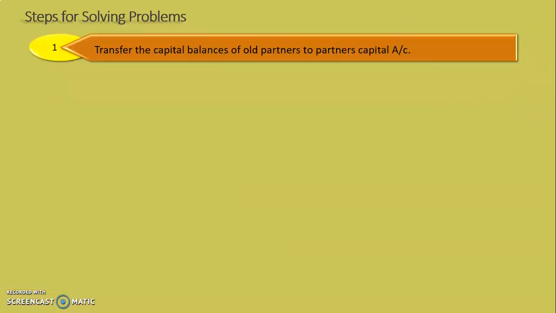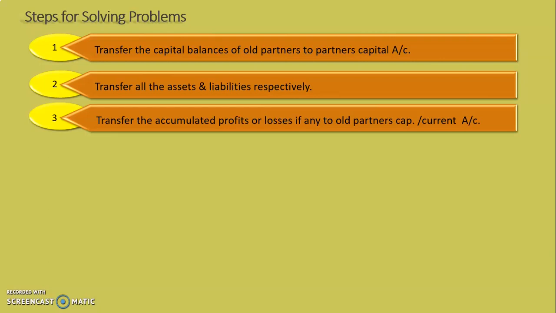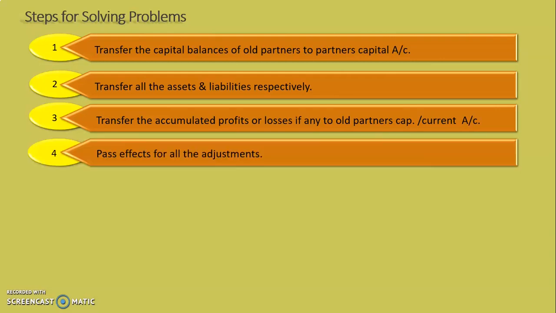First, we have to transfer the capital balances of all partners appearing in balance sheet to partner's capital account. Then transfer all the assets and liabilities respectively to the new balance sheet. If there are any accumulated profits or losses appearing in the balance sheet, then transfer them to the old partner's capital account.